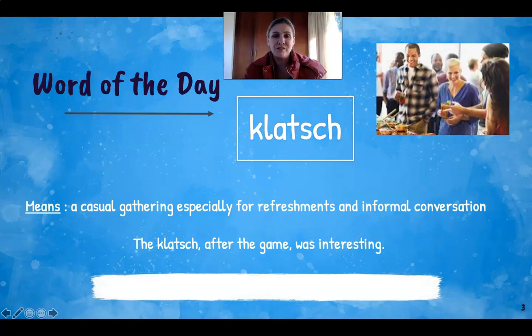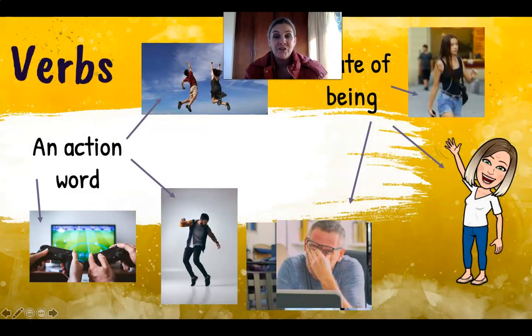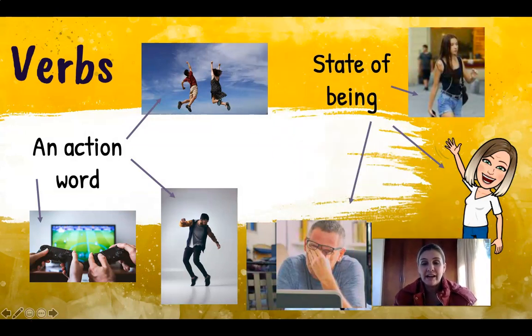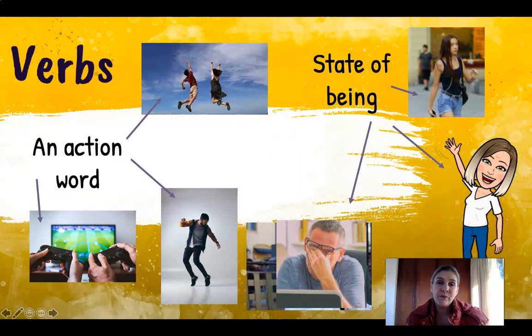And so see if you can use it somewhere in your writing or in the way you are speaking every day. Right, so then let's take a look at our verbs. So remember, we have done a lesson on verbs before, and we know that a verb is an action word. So jump, play, dance, write, sing, draw, those are all showing an action, the subject doing something.